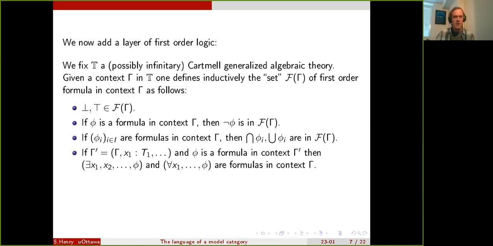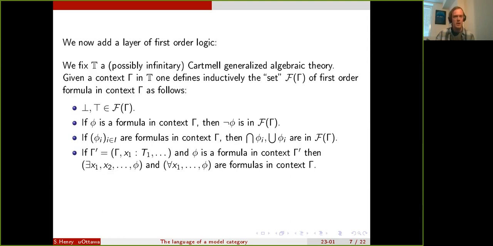And finally, I want some quantifiers. So basically, if you have a context gamma prime, which is gamma plus some variable, and phi is a formula in this extended context gamma prime, then you get formulas in the smaller context gamma, where you quantify over the additional variable, with either existential or universal quantification.